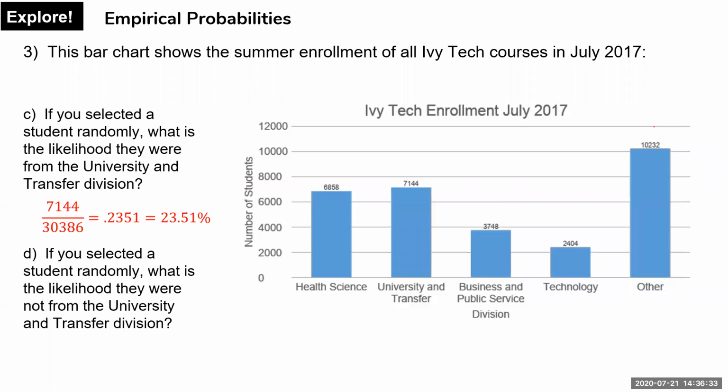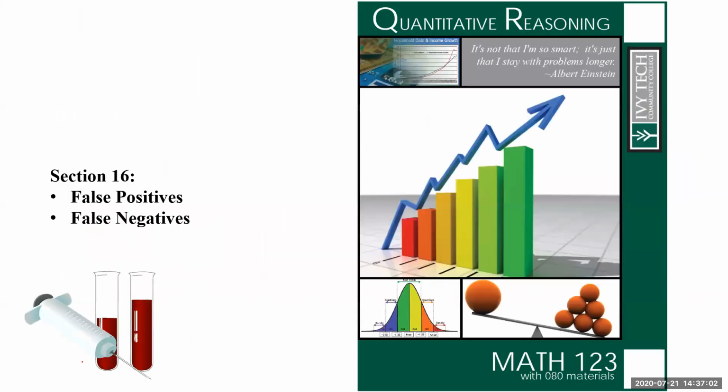And then if you select a student, what's the likelihood they were from the university and transfer division? You look at the university and transfer division over the total, and that gives you the probability. For the not case, because you know this, you take that from 100, and that gives you the not from the university and transfer division. Sounds good? All right, nice.